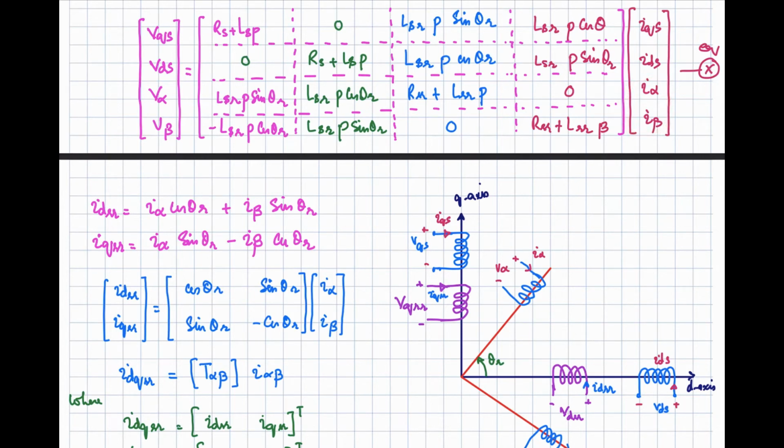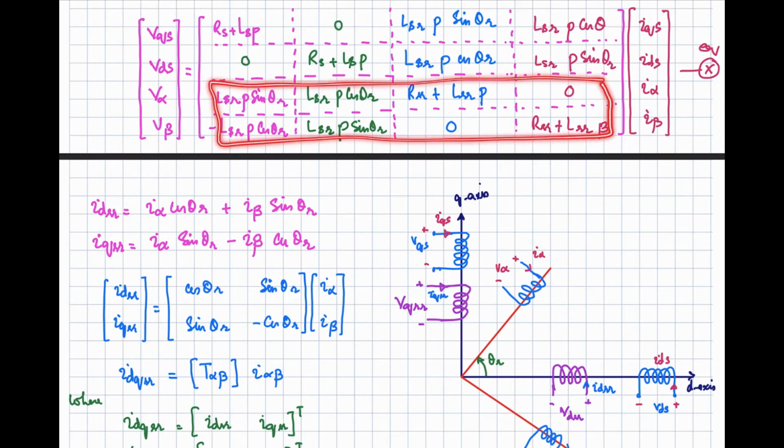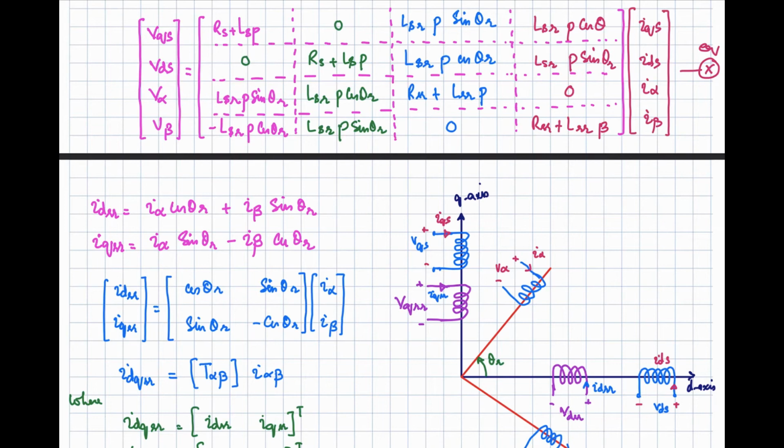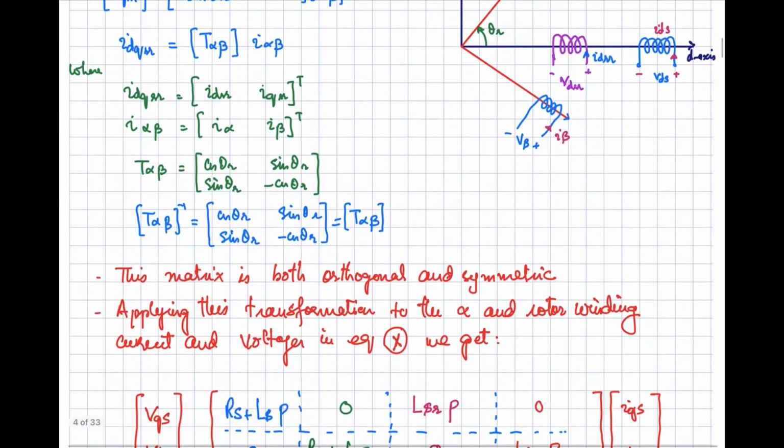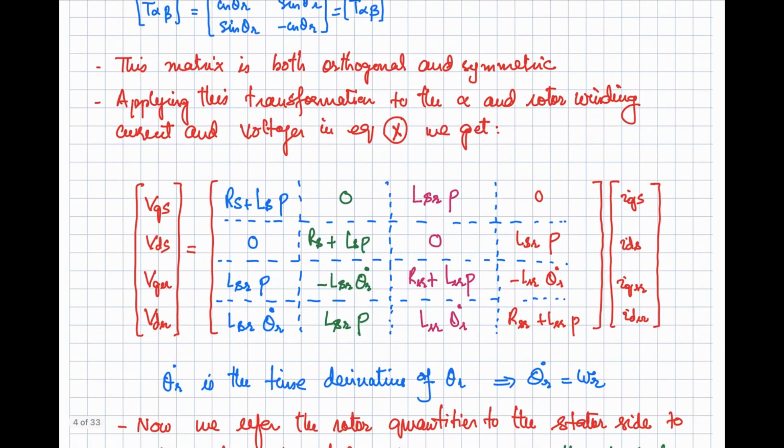So when you apply these transformations, these entries will be updated so that you can relate VQRR and IDRR. So if you translate them using this transformation and reflect those entries over here in these terms, and similarly if you translate this one into VDRR and VQRR, the updated voltage equation will be given by this one, right?